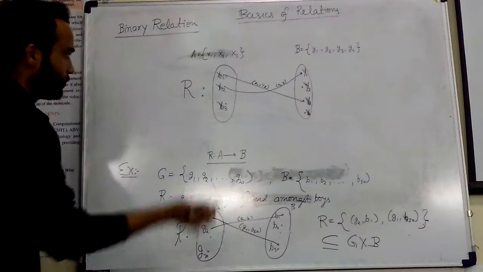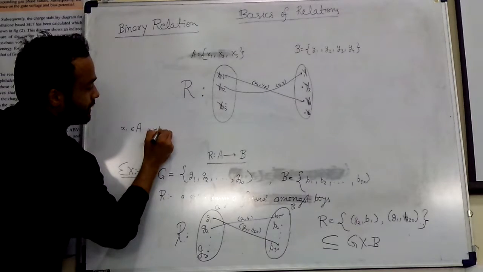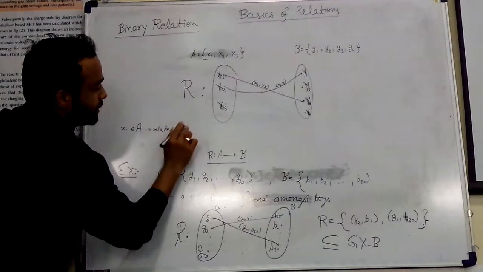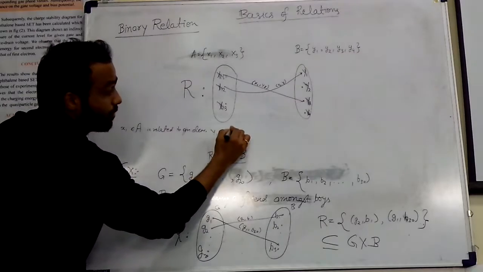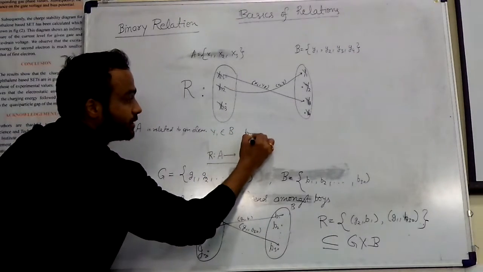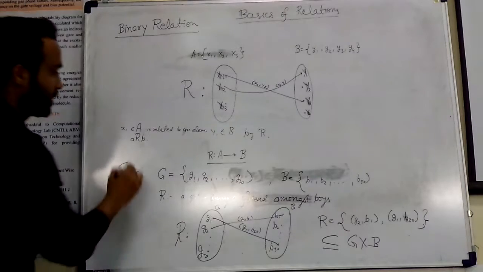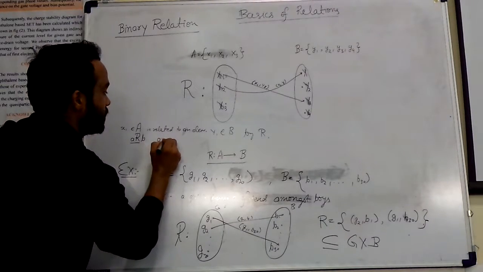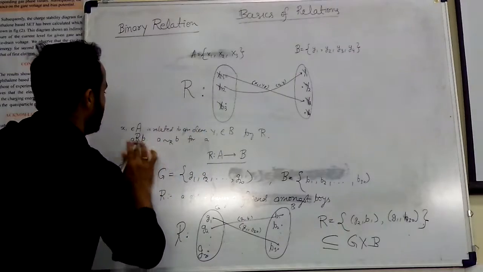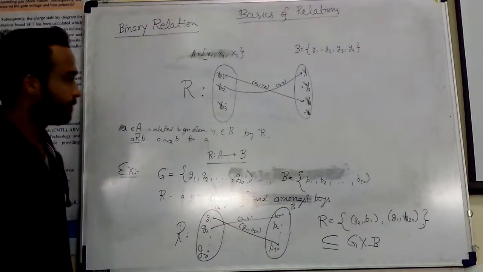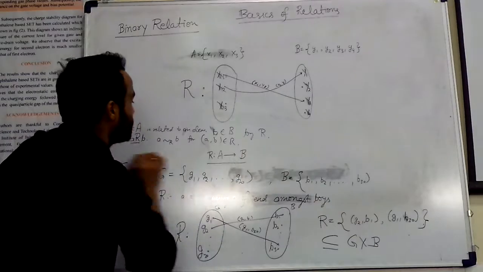If an element x1 from A is related to an element y1 from B by a relation R, we can also say that a is related to b, denoted aRb, if (a, b) belongs to R, for a belonging to A and b belonging to B. That is the notation.